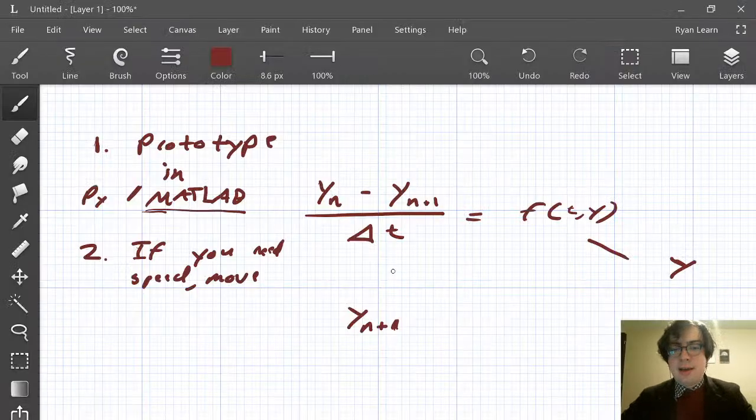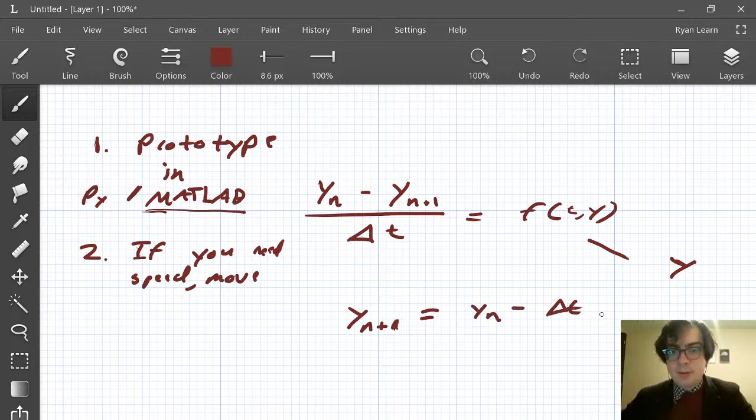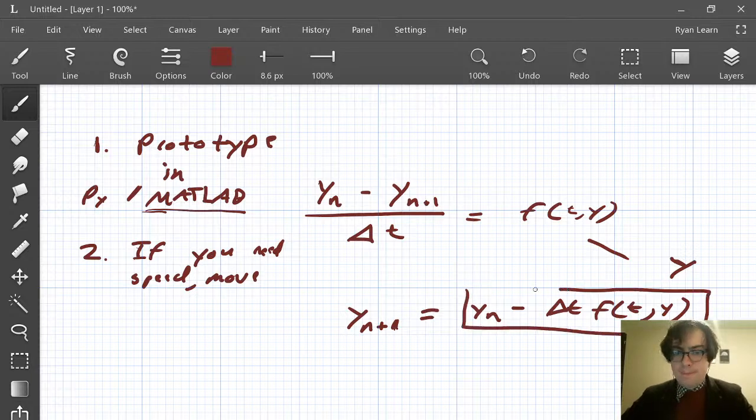Other questions like that, as I sketch our forward Euler scheme outright, we've got yn minus delta t times f of t, y. So this is my single forward Euler step. The answer at the next time step is equal to the answer at the current time step minus the time difference times the source term.